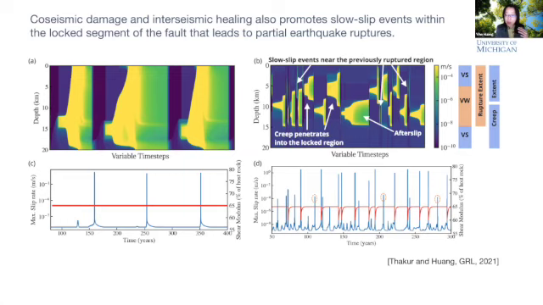As a result, we're also seeing alternating hypocentral locations. Another interesting phenomenon is that when we have these slow slip events, for example, highlighted in the orange circles here, they could also delay the occurrence of the subsequent earthquakes and make the recurrence intervals longer.